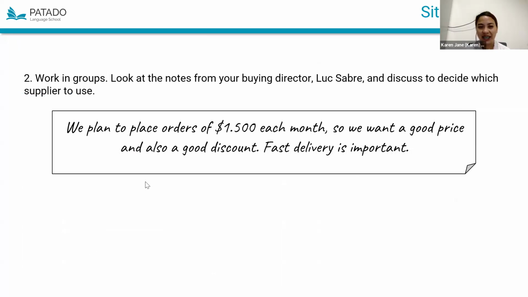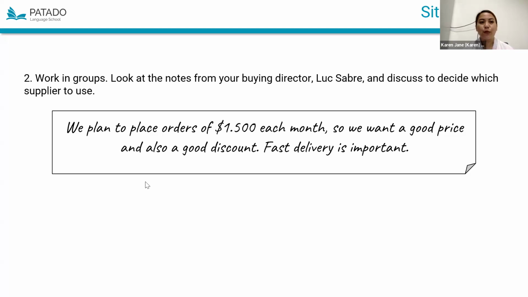You have to work alone again and look at the notes from your buying director, and decide which supplier to use. So say for example that this is the message: We plan to place orders of 1,500 USD each month. So we want a good price and also a good discount.